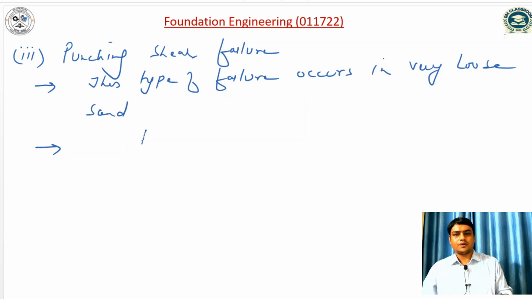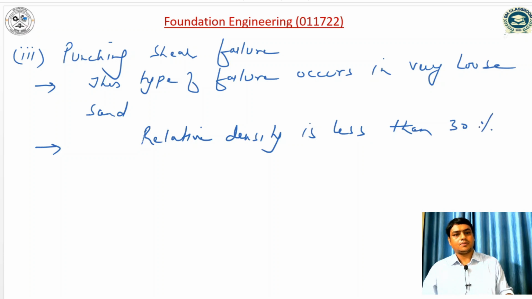The value of relative density is less than 30%. That is, ID is less than 30%.